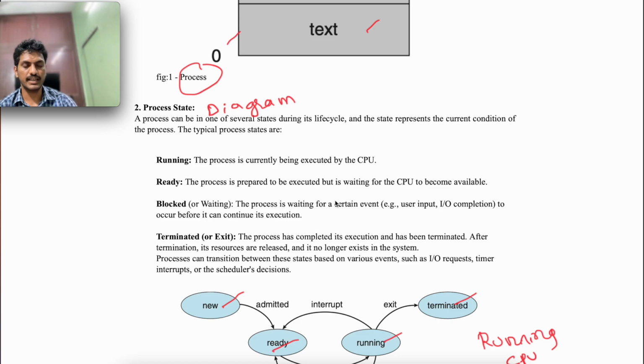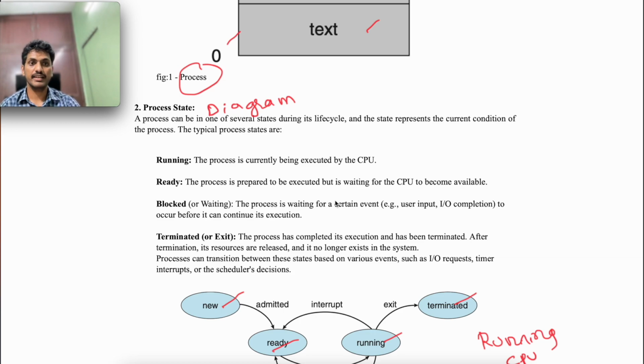So it stays in the ready state. New state means born state, and ready means we are waiting for the CPU. When the CPU is freely available, that process can go and get executed by the CPU.